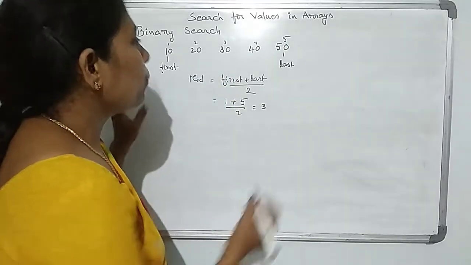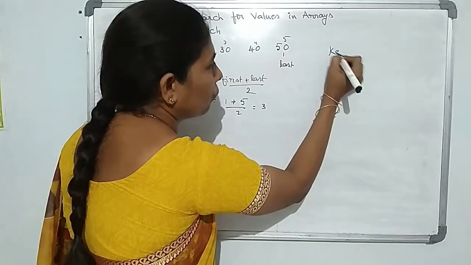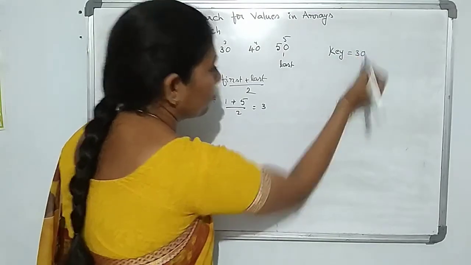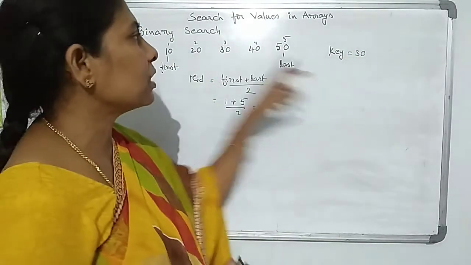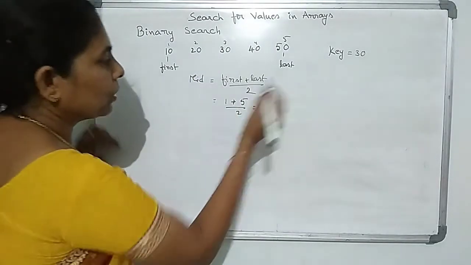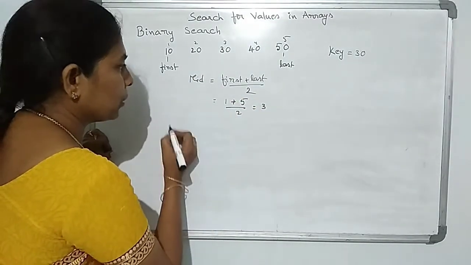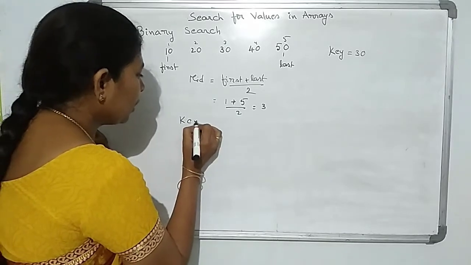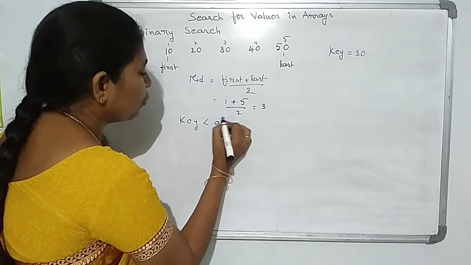In this binary search, I want to find one element, the key element 30. You can verify whether 30 exists within the array or not. For that you compare, and there are different types of comparisons.